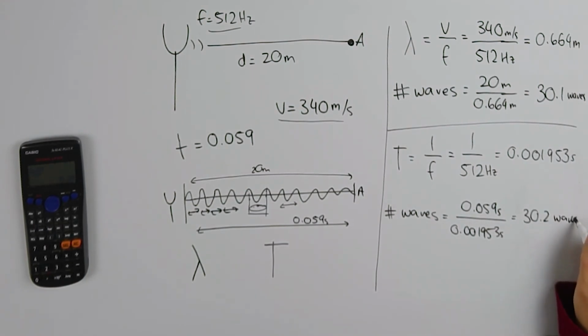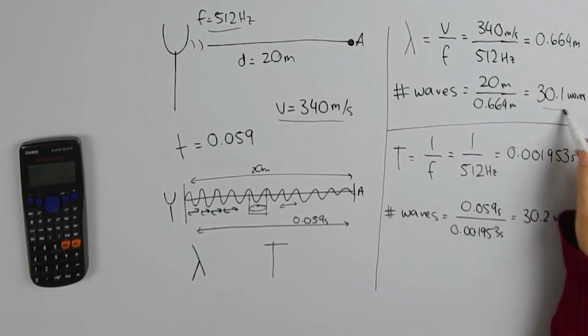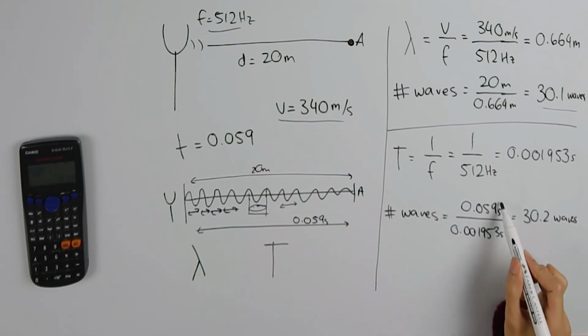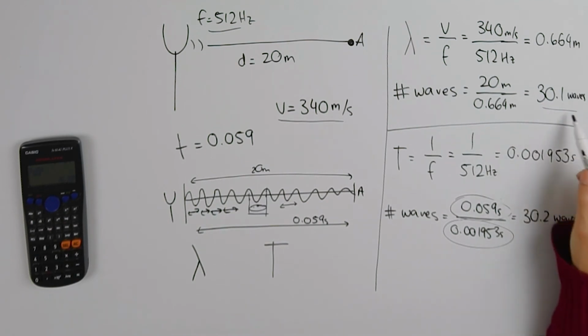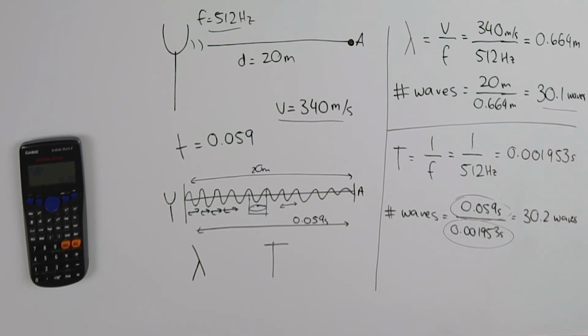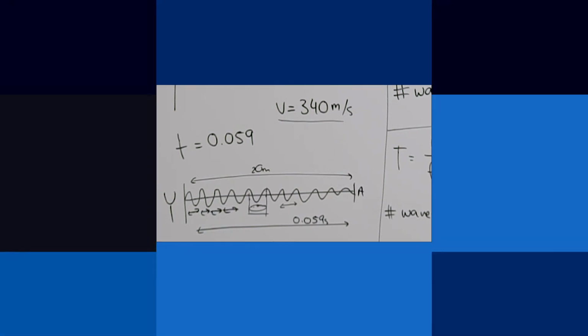You can see this number is a little bit off from the other number, and the reason is we used rounded values, 0.059, and these are rounded values as well. Ideally, we want to use the exact value. When you use the exact value, we actually get 30.1. So it's important to store your answers or write down as many decimal places as you can when you substitute these numbers in so that you don't get rounding error. But that's how you solve this difficult problem.